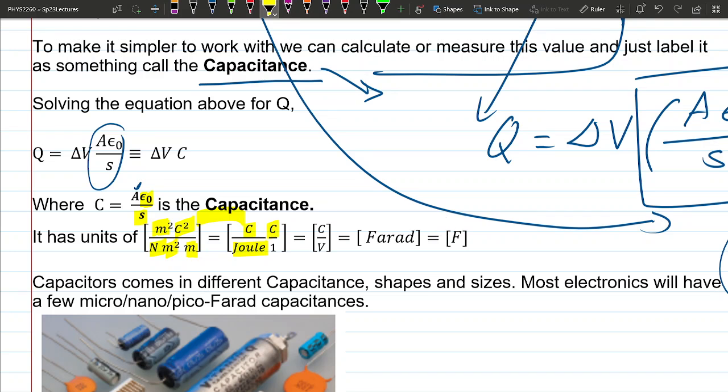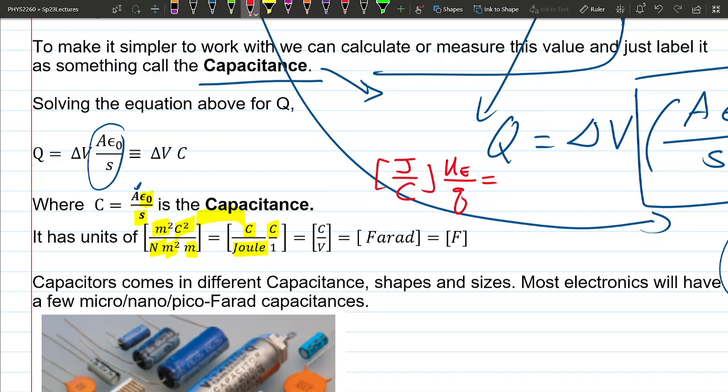Why is that special? So what is a joule per coulomb? What has units of joule per coulomb? Remember, joule is a unit for energy, so in this case some sort of electrical energy. Coulomb is a unit for charge. What quantity has units of energy per charge?